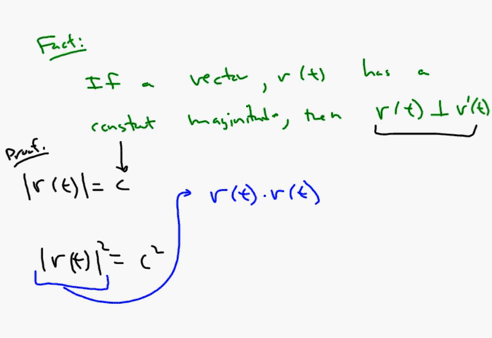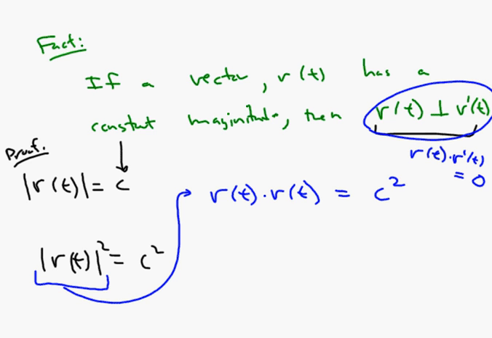Now I like the idea that dot products are involved because dot products let me check for perpendicularity. So here we go. This should equal some constant c squared. What do I really want? If I'm trying to show this fact, at some point I want an expression that looks like this: r of t dot r prime of t should equal 0.